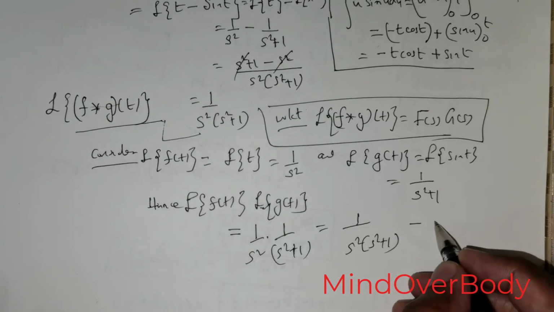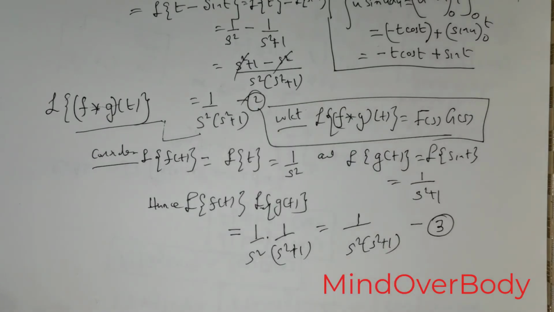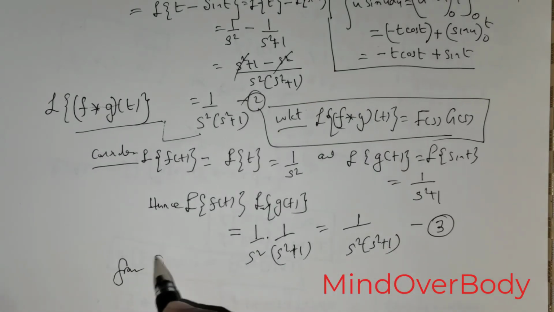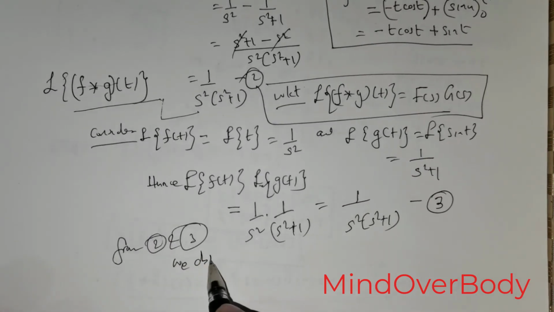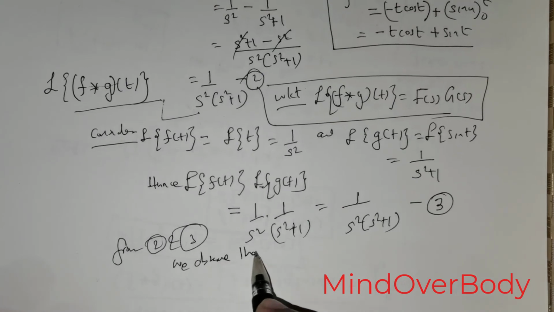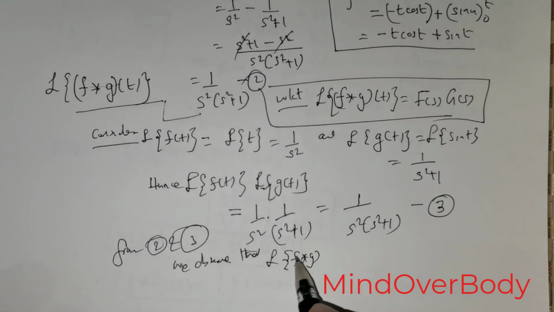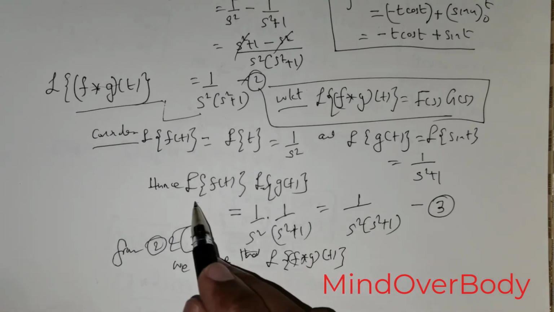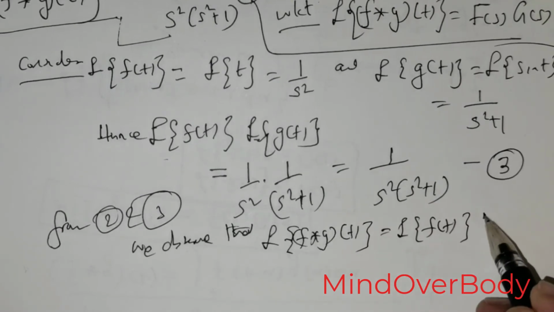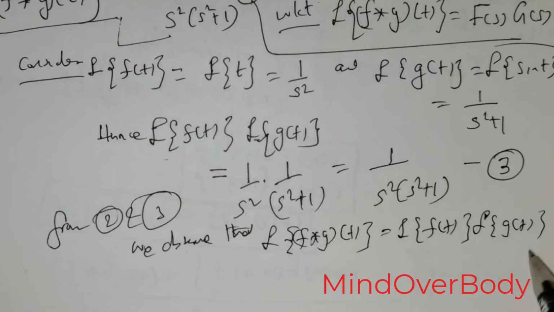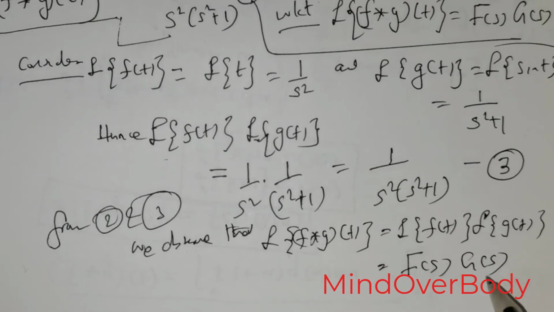So if I take this as 3, and if I take this as 2, from 2 and 3 we observe that the Laplace transform of f star g of t is equal to Laplace transform of f of t times Laplace transform of g of t. But what is this Laplace transform of f of t? F of s. What is this? This is nothing but G of s.